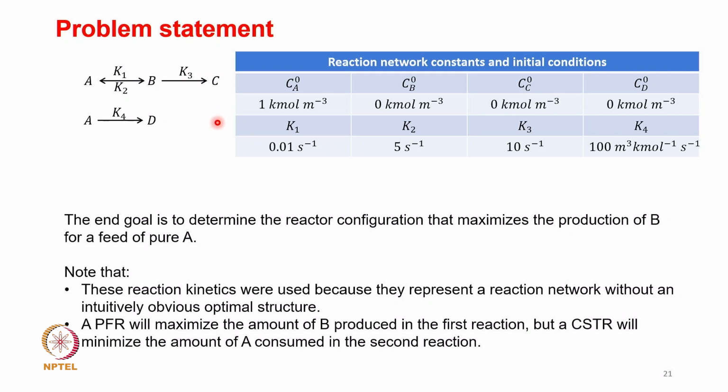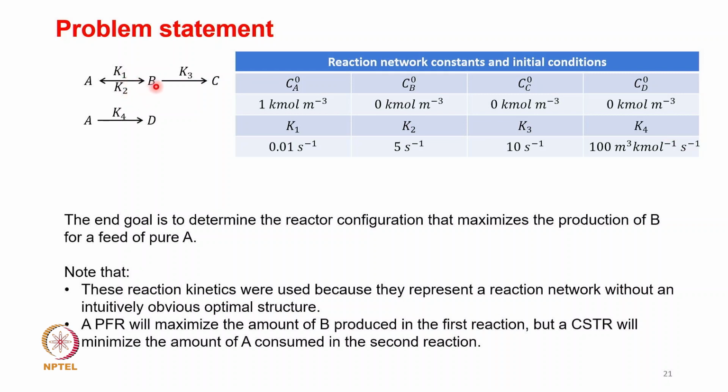Given this reaction and the reaction parameters, for instance, we need to have Ca naught, 1 kilomole per meter cubed, and k1, and Cb naught, Cc naught and Cd naught, which essentially means that it is all 0 here. You start with A and eventually B, C, D would be formed, having different k values, which are mentioned here.